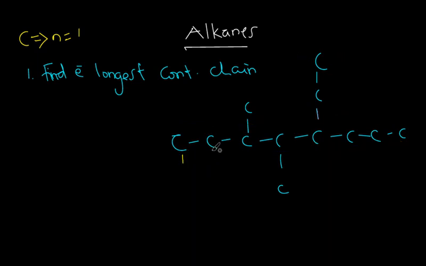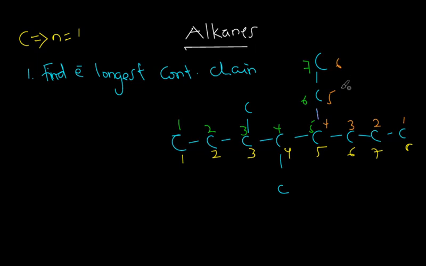If we count this way, we have 1 2 3 4 5 6 7 8. Let me use another color. If we are counting this way, we can have 1 2 3 4 5 6 7. So we have 7. Now let's count this way: 1 2 3 4 5 and 6.